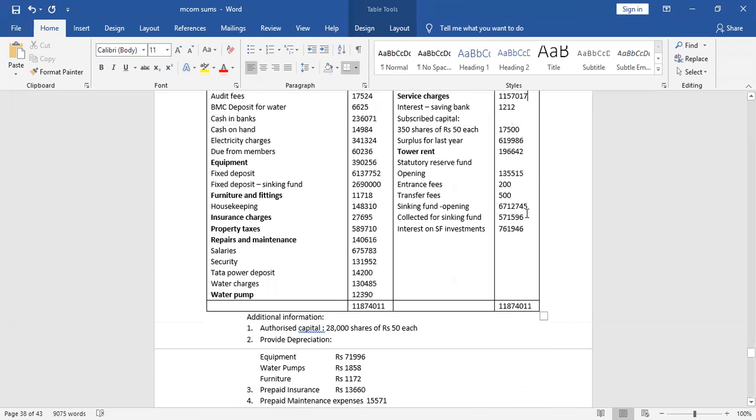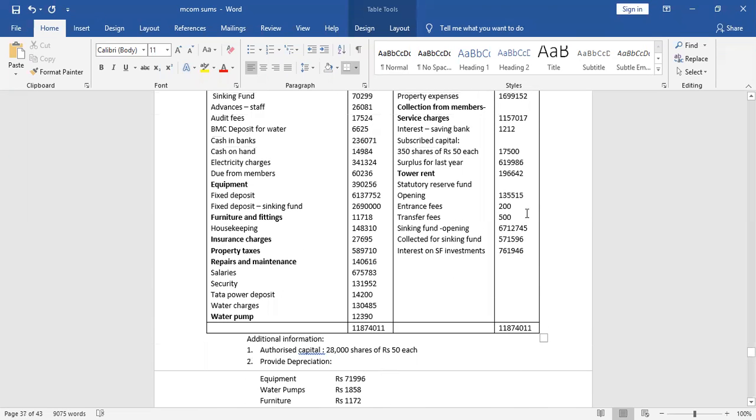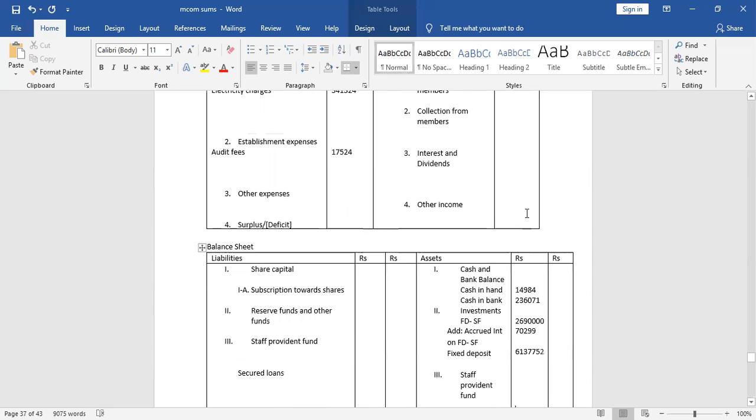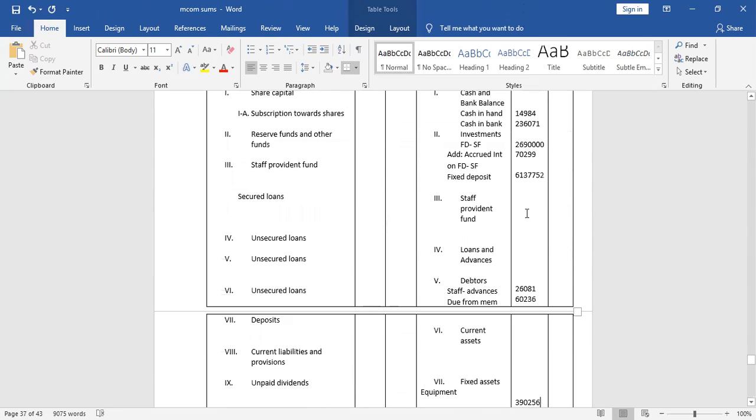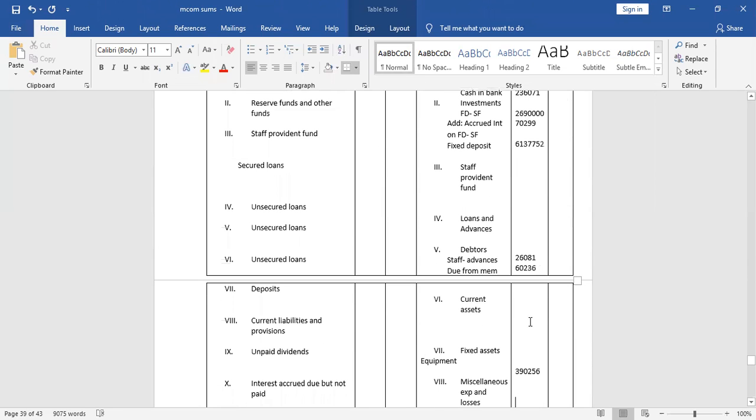Now, what we have is furniture and fitting. Furniture and fitting is 11,718, but there is an adjustment of depreciation. So we will show this in the fixed asset.